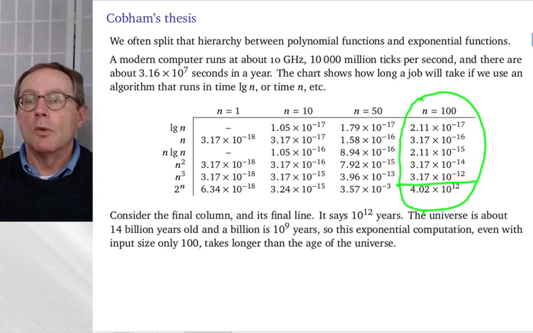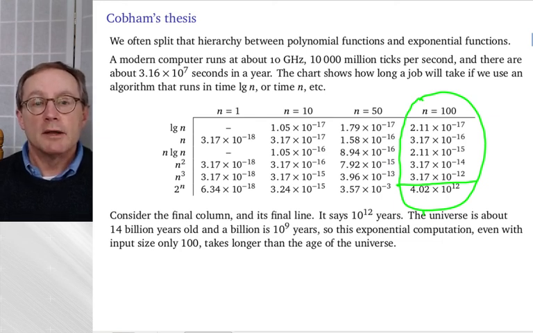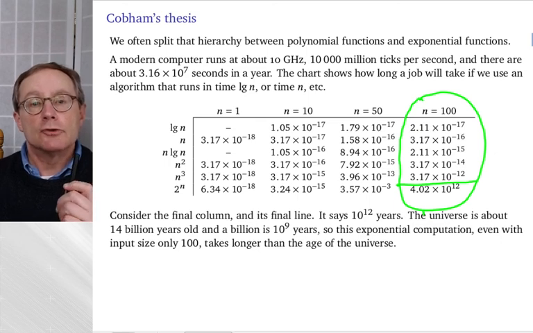Okay, so Cobham's thesis is that there's a distinction between polynomial and exponential. If you have an algorithm that runs in polynomial time, that's a first whack at a tractable problem.